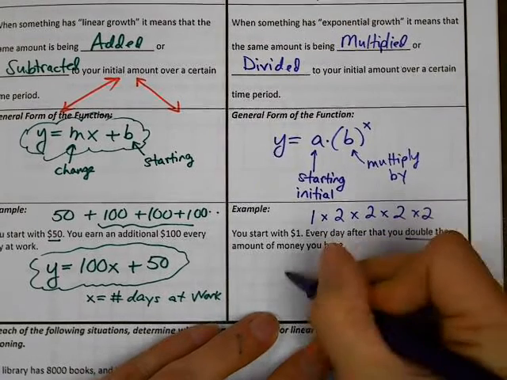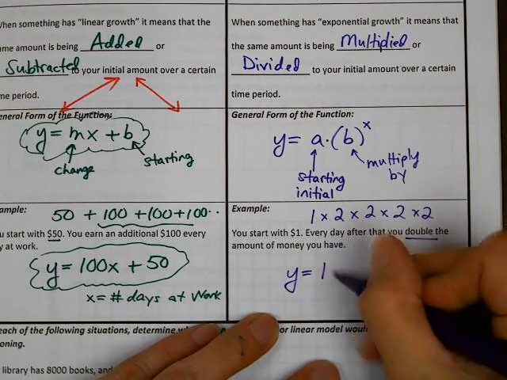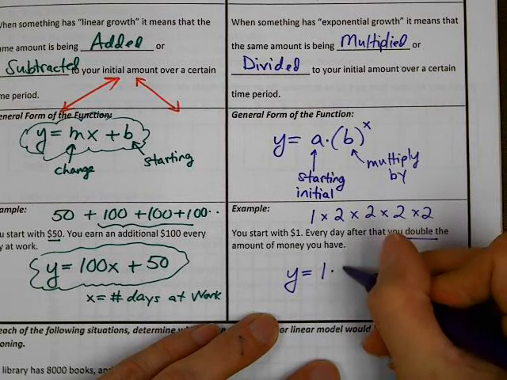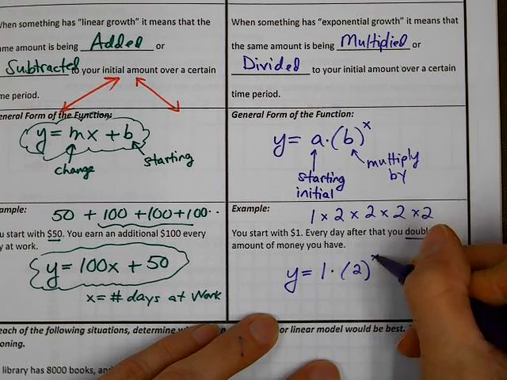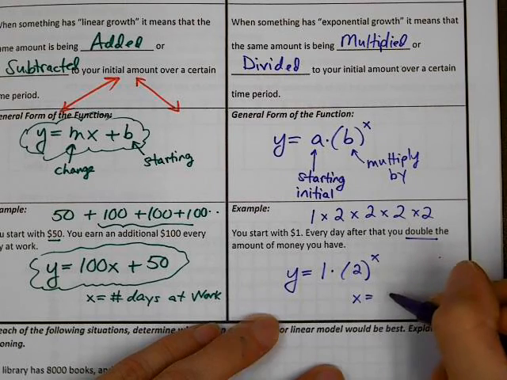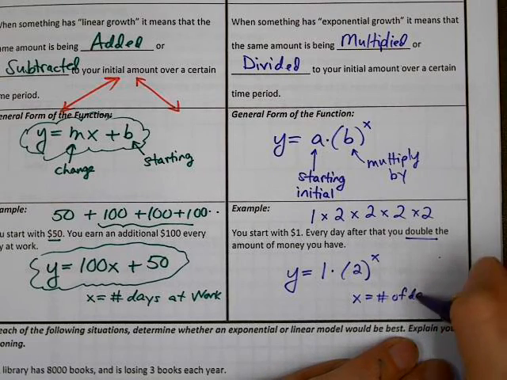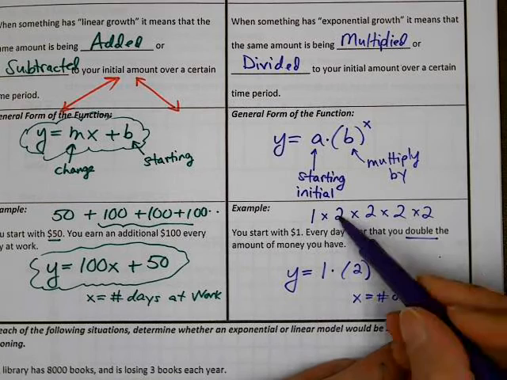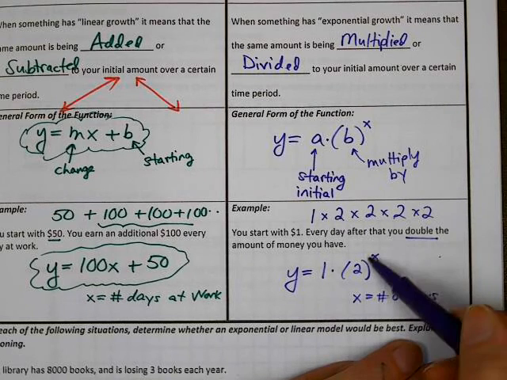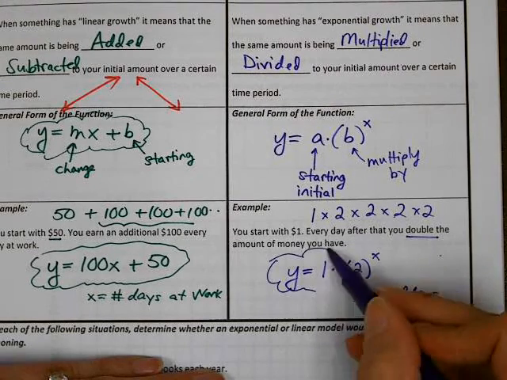So the formula would be y equals, the starting amount is $1, and then we multiply that by 2 to the x power. x would be the number of days that you multiply. If I multiply for 4 days, then I would put a 4 there, and that would be 4 2s. So this is exponential.